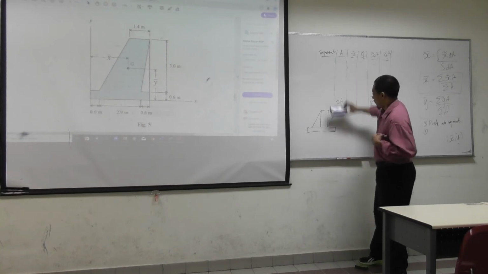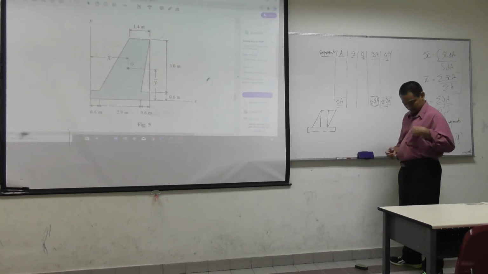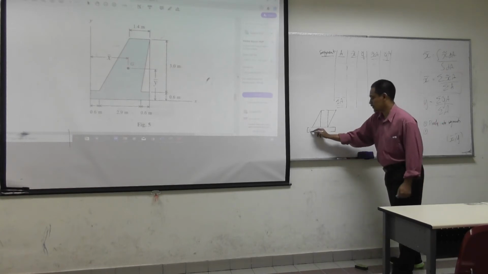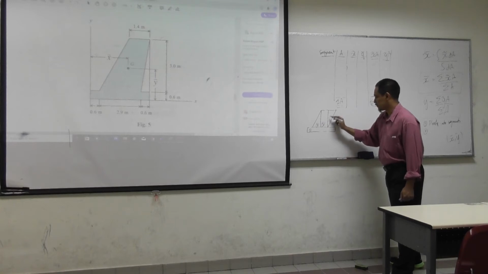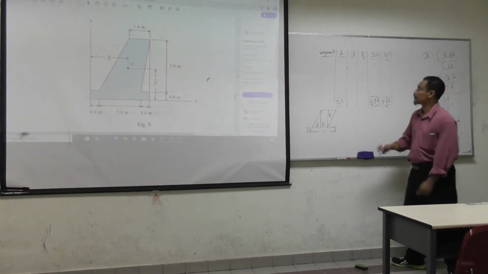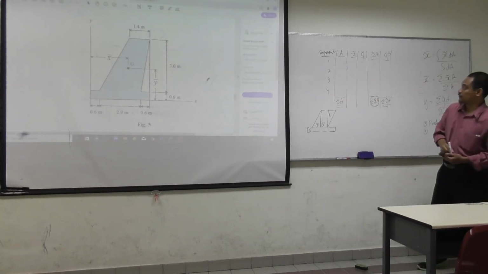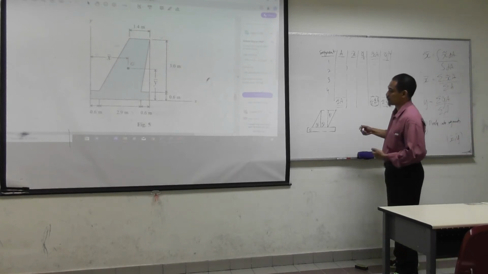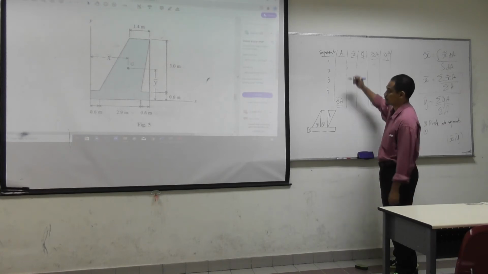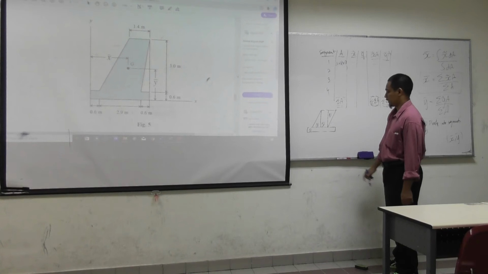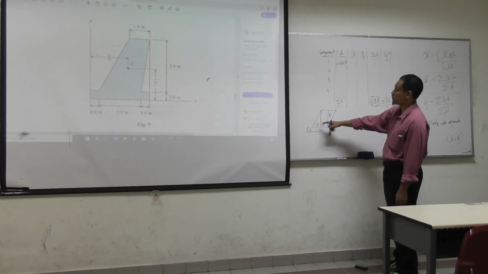If we take something like this and label it 1, 2, 3, 4, what is the area for 1? This value is 0.6 times 4.1. Area for triangle number 2?